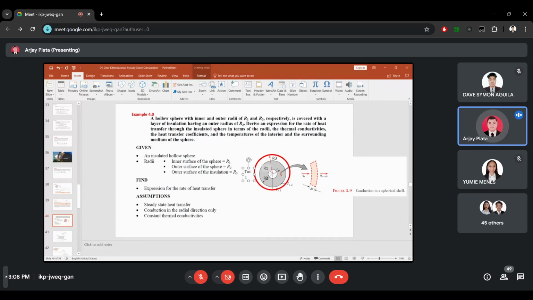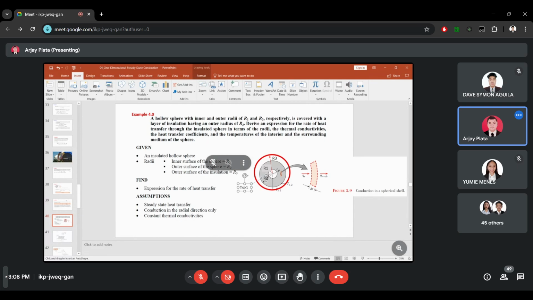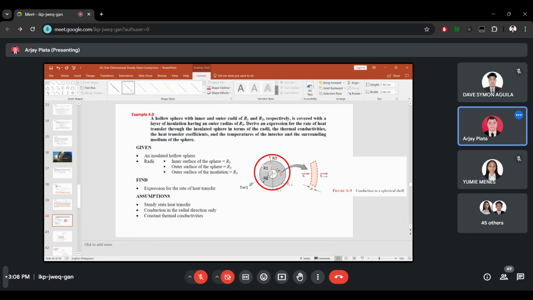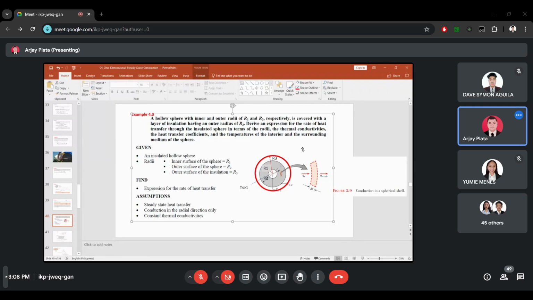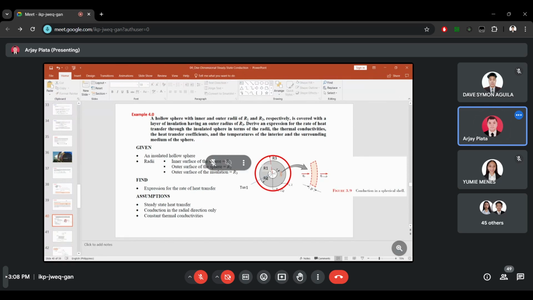This T infinity 1 is for the fluid inside the sphere, and then T infinity 2 is for the fluid outside.